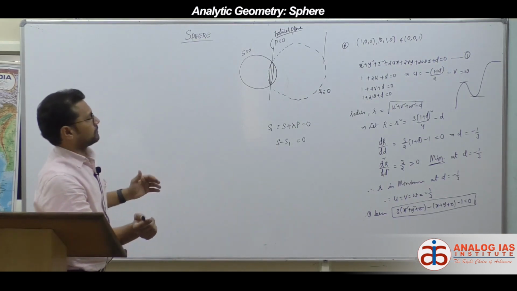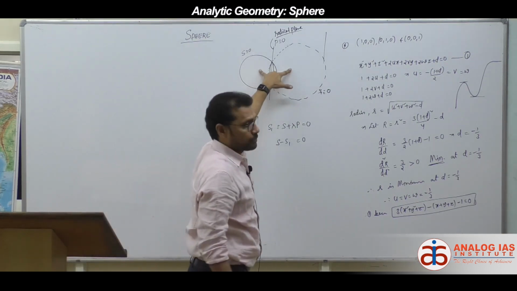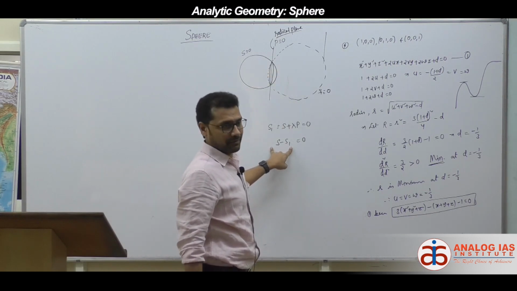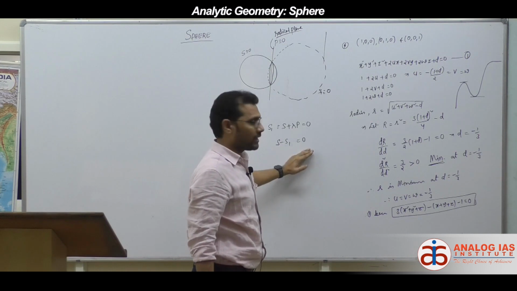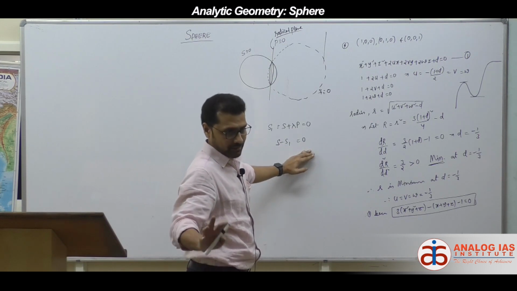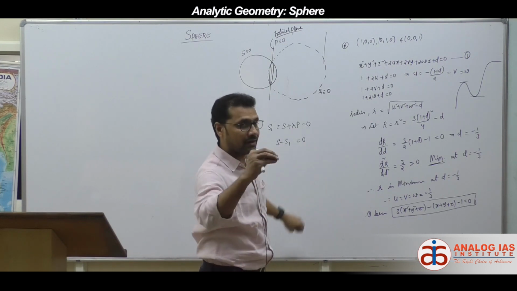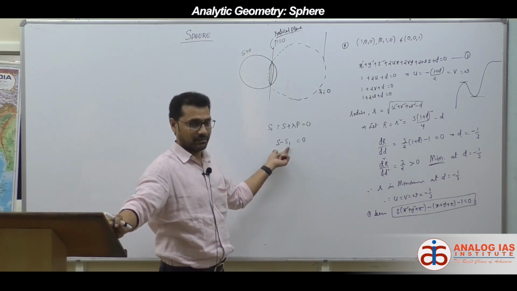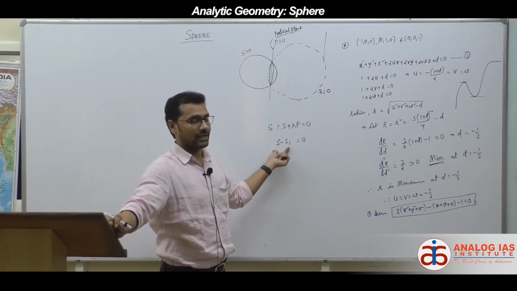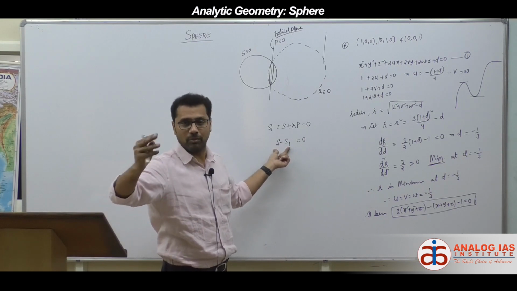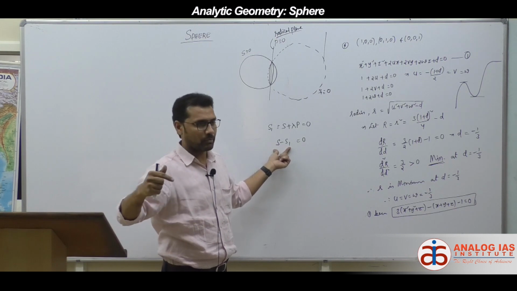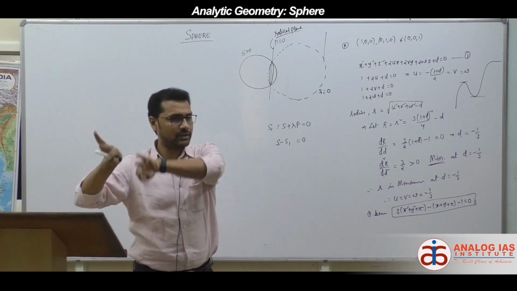Okay. Now, when there are two spheres, if I take the difference between them, I'm getting a lower degree one, or maybe equal degree sometimes, which always contains the common points of both these spheres. The curve of intersection is nothing but all the common points of this surface and this surface.